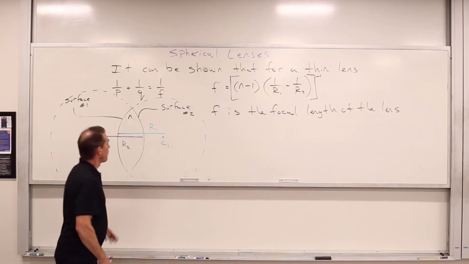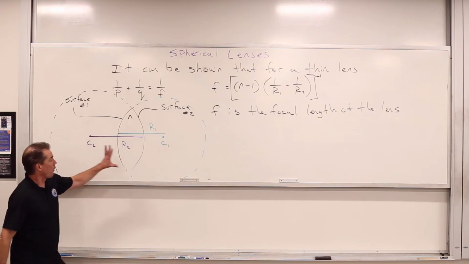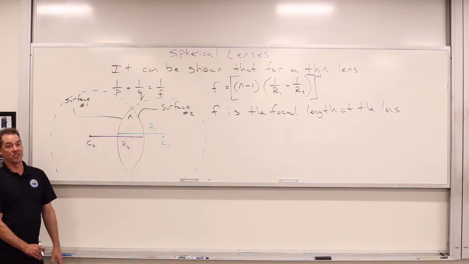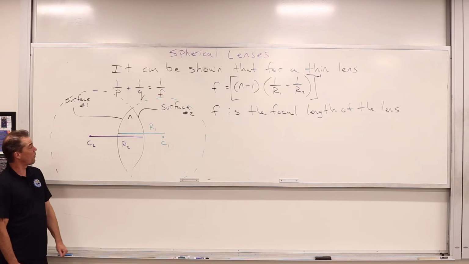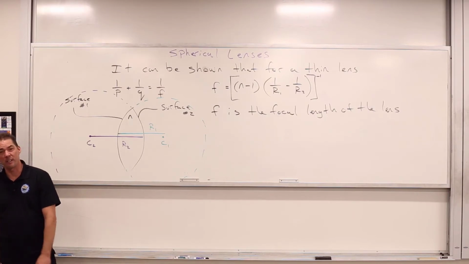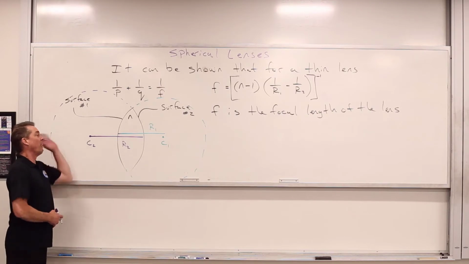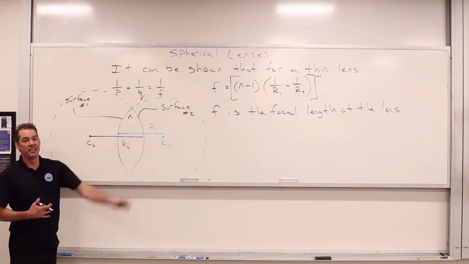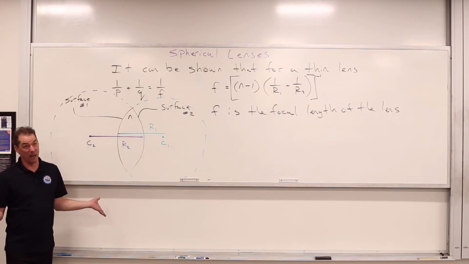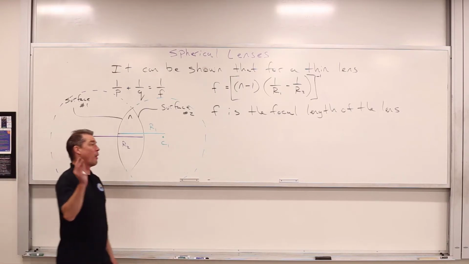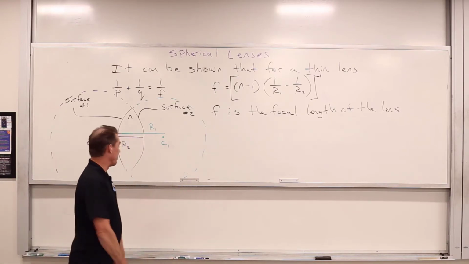So what we have to first note is there are rules for these R's. What we need to define is what we're going to call front side and what we call back side. Light goes from the front side to the back side. That's how we determine the orientation of the lens, front side versus back.